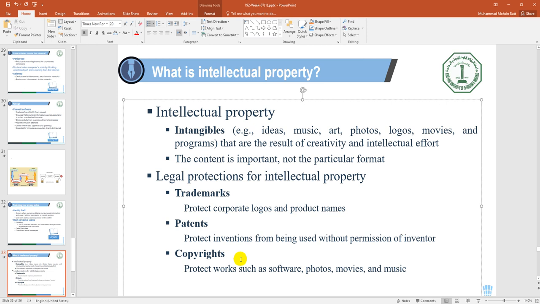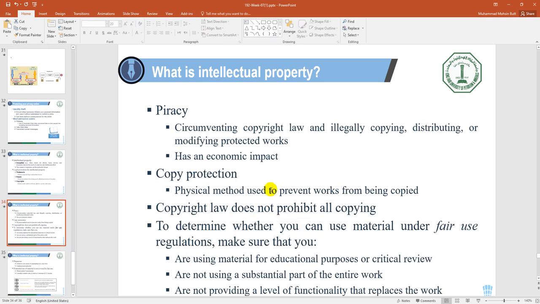You can use that license to register and use your software. And on the opposite side is piracy. That is to somehow override these copyright laws and use the software without actually paying the creator. So it has many economic impacts, so you should not do that.